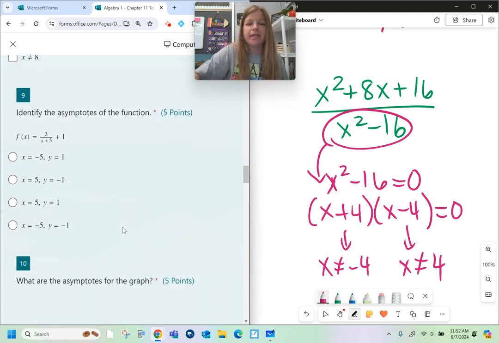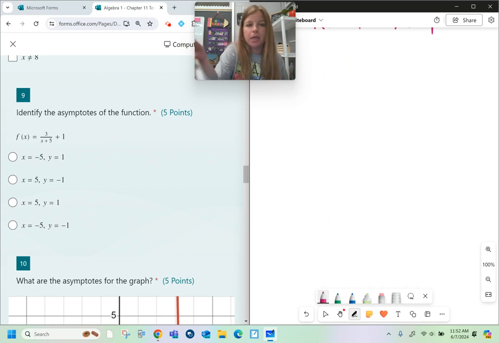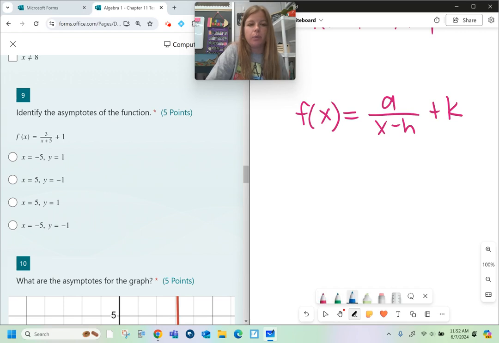Number 9, identify the asymptotes of the function. So we were studying this function for rational functions, f of x equals a over x minus h plus k, where h is my vertical asymptote and k is my horizontal asymptote. And remember, vertical asymptotes are x equals equations, horizontal asymptotes are y equals equations.